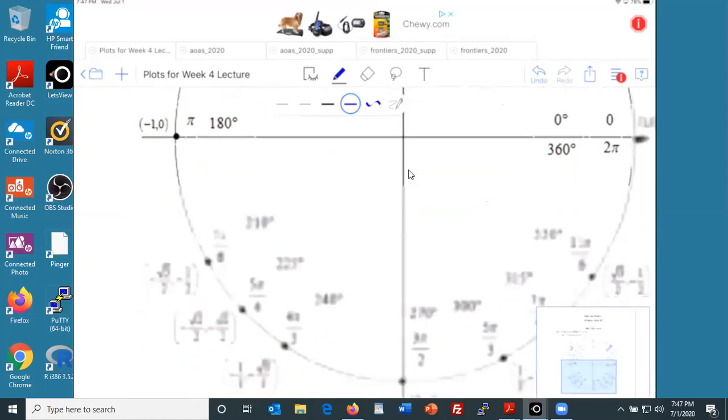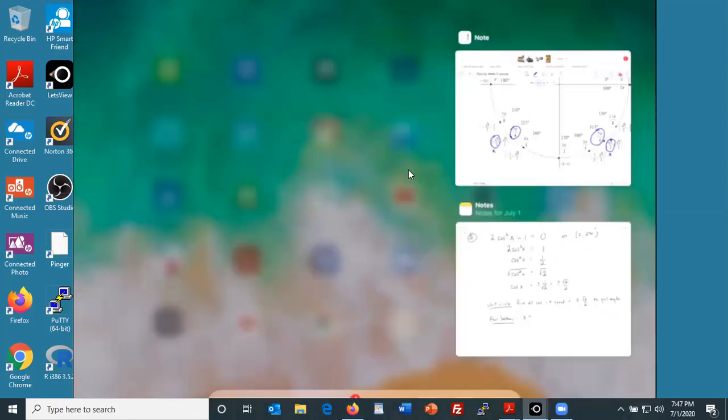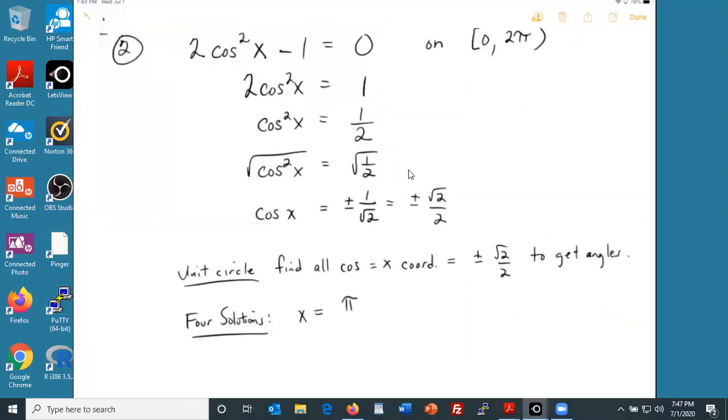If I drop down, so notice here and here are square roots of 2 over 2 and minus square root of 2 over 2 for the x value. Again, I'm only looking at the x value because the equation is cosine. So remember, the first number there is always the cosine. So that's 5 pi over 4 and 7 pi over 4 for the angles. All right, so let's jot those down. So x equals pi over 4, 3 pi over 4, 5 pi over 4, 7 pi over 4.